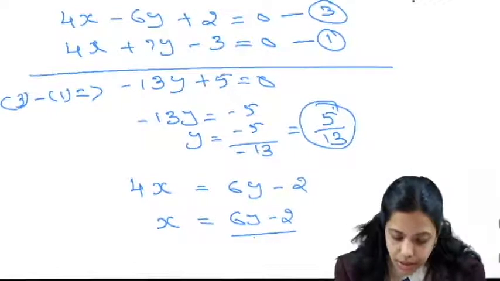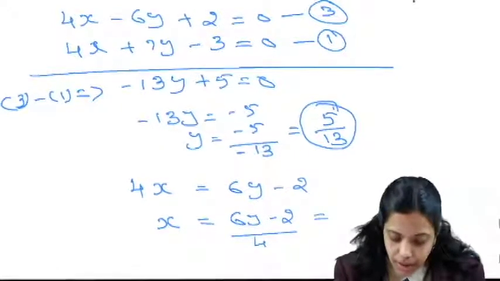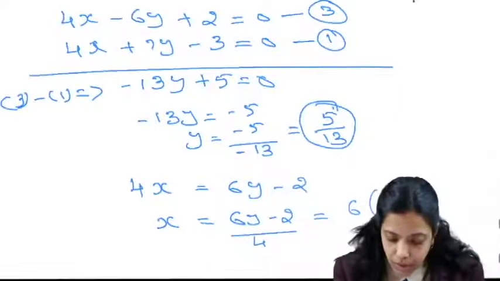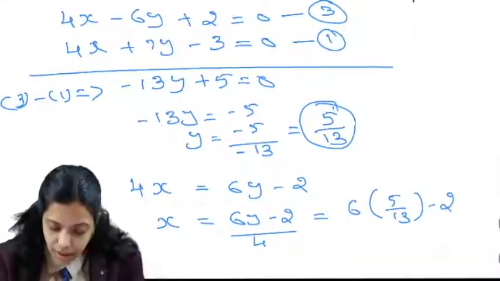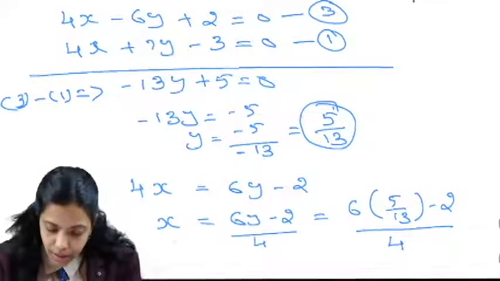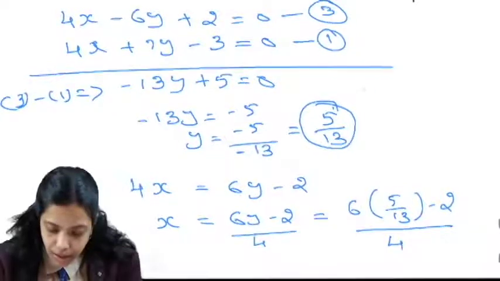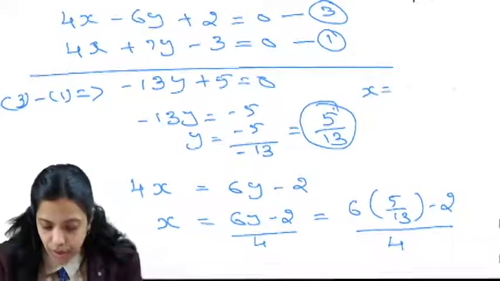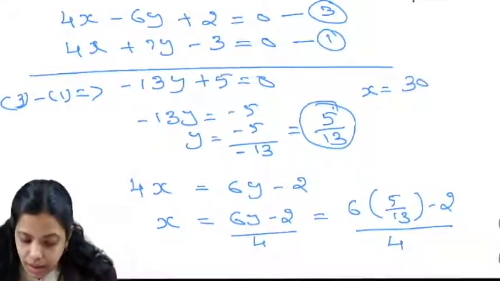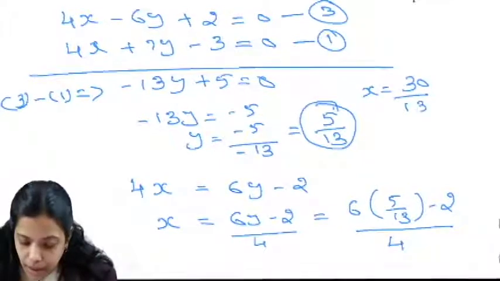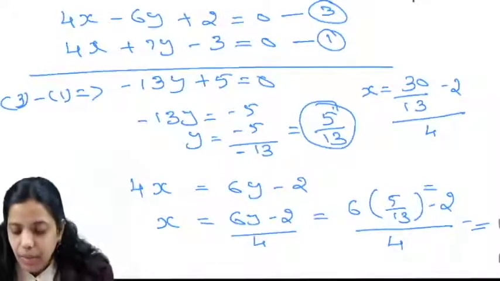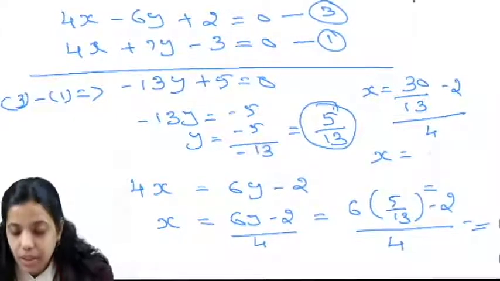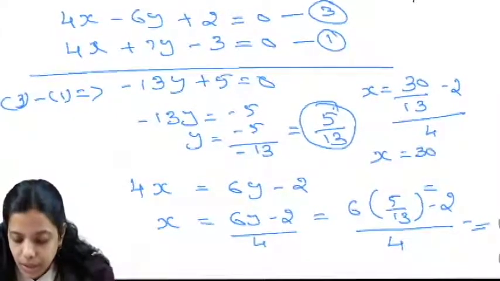That is, 6 times 5 by 13 minus 2, the whole upon 4. 6 fives are 30, so x equals (30 by 13 minus 2) upon 4. That means x equals (30 minus 26) upon 13, divided by 4.